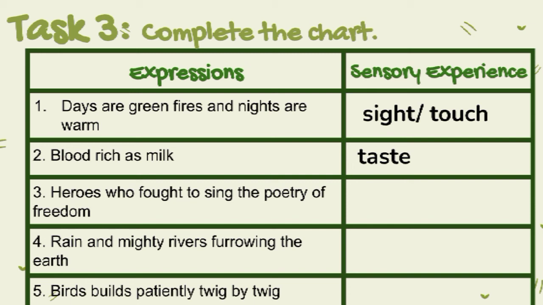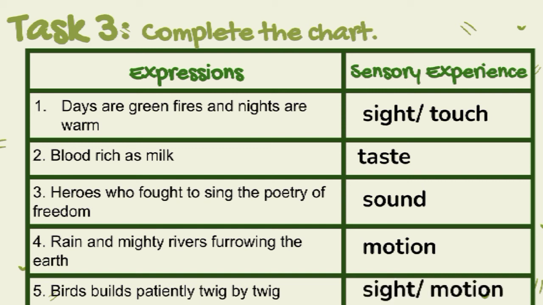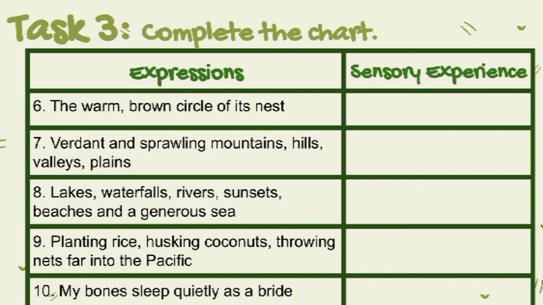Heroes who fought to sing the poetry of freedom. It is sound. 4. Rain and mighty rivers furrowing the earth. It is motion. 5. Birds build patiently twig by twig. It is sight or motion.